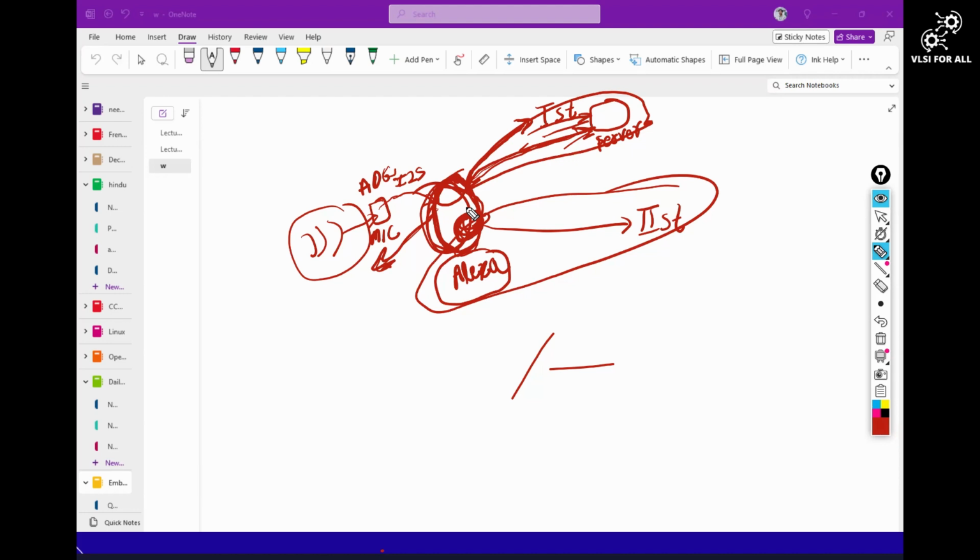The other important advantage is, whenever you are transmitting data, especially wirelessly, any data that you transmit should go through an antenna, right? This device has an antenna to transmit it wirelessly. Just before an antenna, we have something called a power amplifier, right? So whenever you want to transmit some data wirelessly, you should go through this power amplifier and the antenna, and then your data can be sent wirelessly.